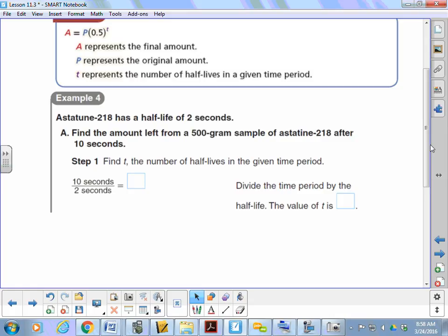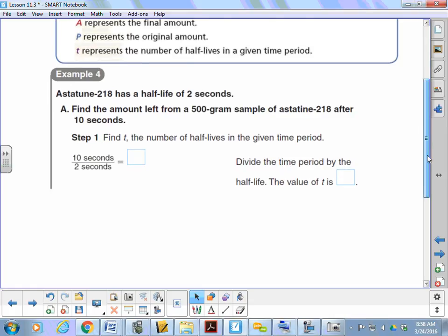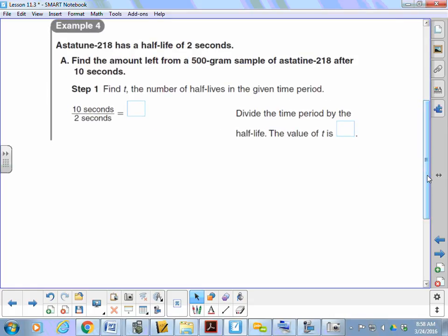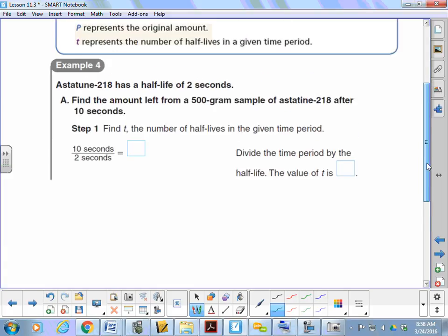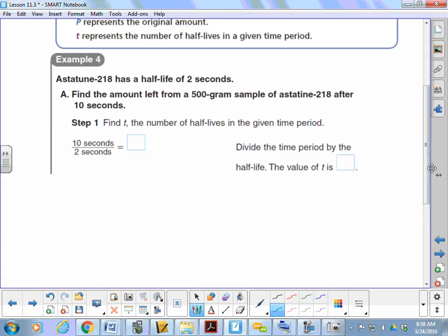So our exponent here to do this calculation is going to be 5, right? So we would say, what is it? We're using A again. Okay. So A is equal to 500, our starting value, times 0.5, and the number of half-lives that we're going to be working with is 5 half-lives, and that's the value of t you're using, okay?